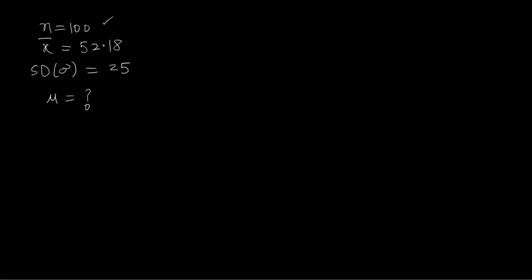Since I know the sample is large and the standard deviation of the population is known, I'm sure that I'm going to use a z distribution for this interval estimation. Let me set up an alpha value of 0.05, and the z-score at 0.05 is going to be 1.96. So how has this 1.96 appeared?